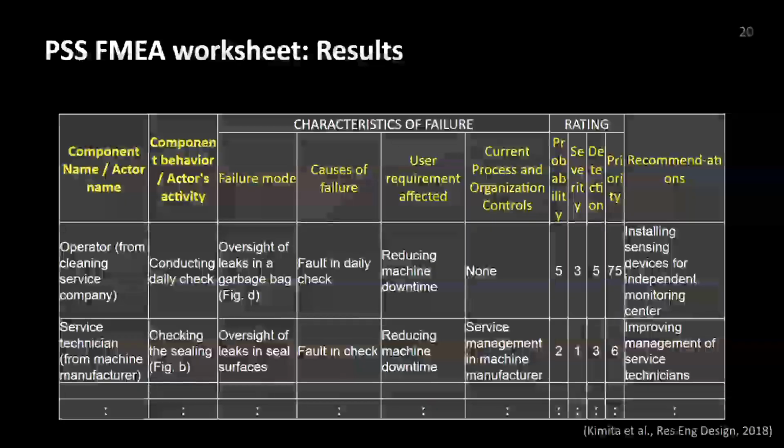And then you're expected to come up with a recommendation to improve the current situation, to reduce either the probability, or the severity, and to make it easier to detect the failure when it happens.